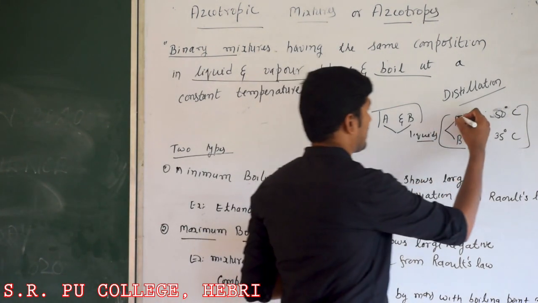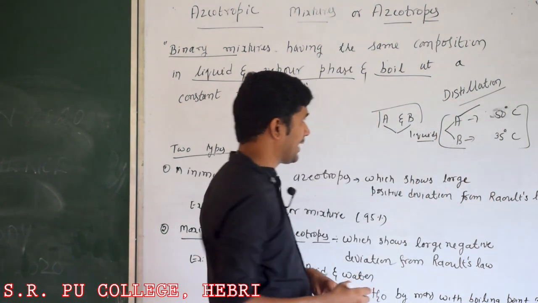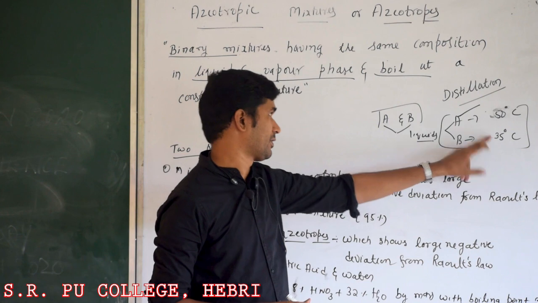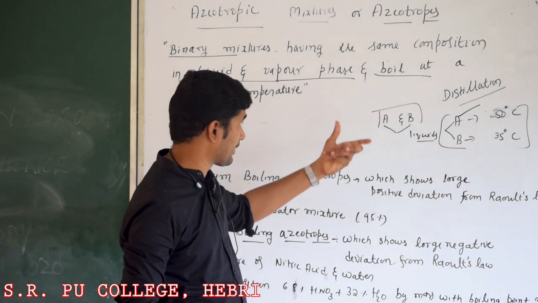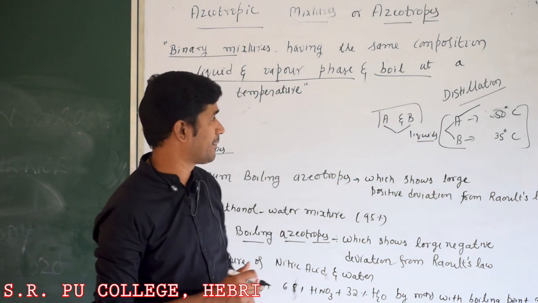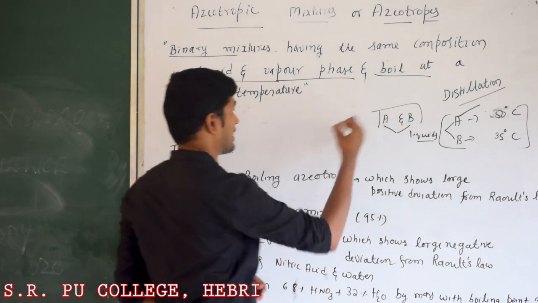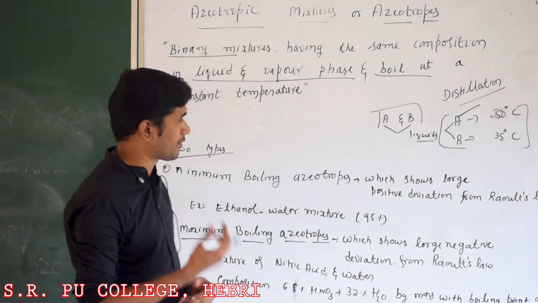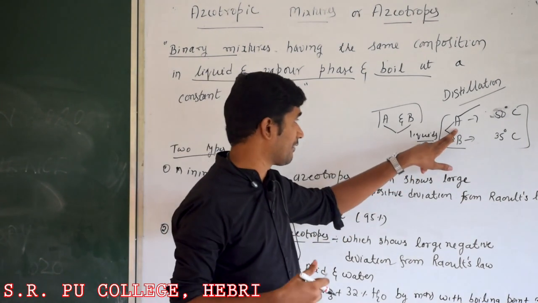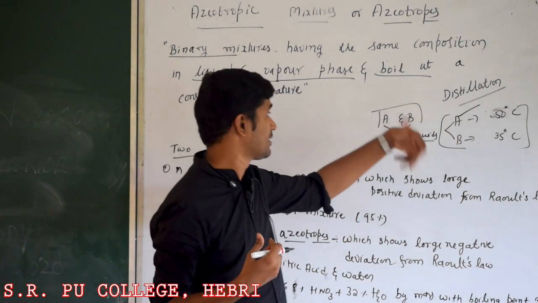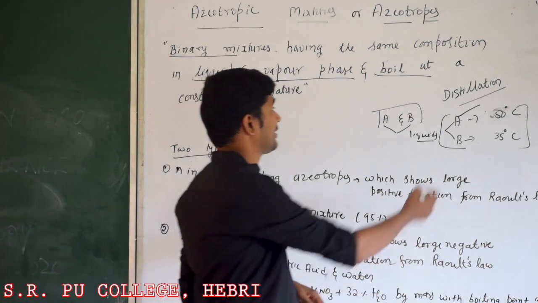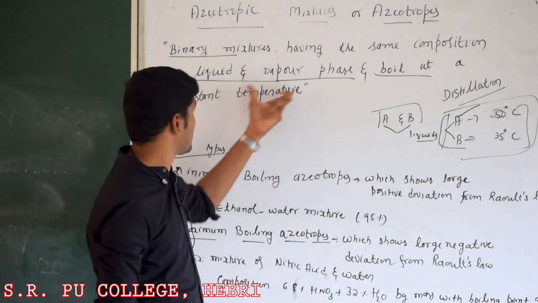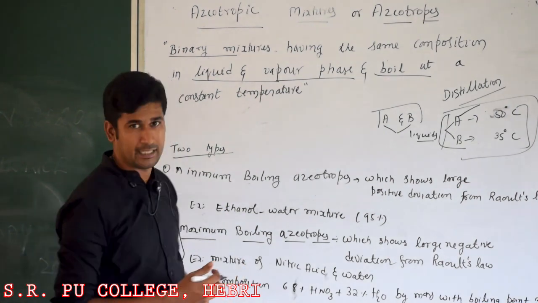The vapor pressure of A and B depends upon their volatility or boiling point. If they boil at a constant temperature, separation becomes difficult, because in distillation we separate the components in vapor phase. First we have to evaporate, converting the liquids into vapor, and then separate. Here they cannot be separated because they boil at a constant temperature.